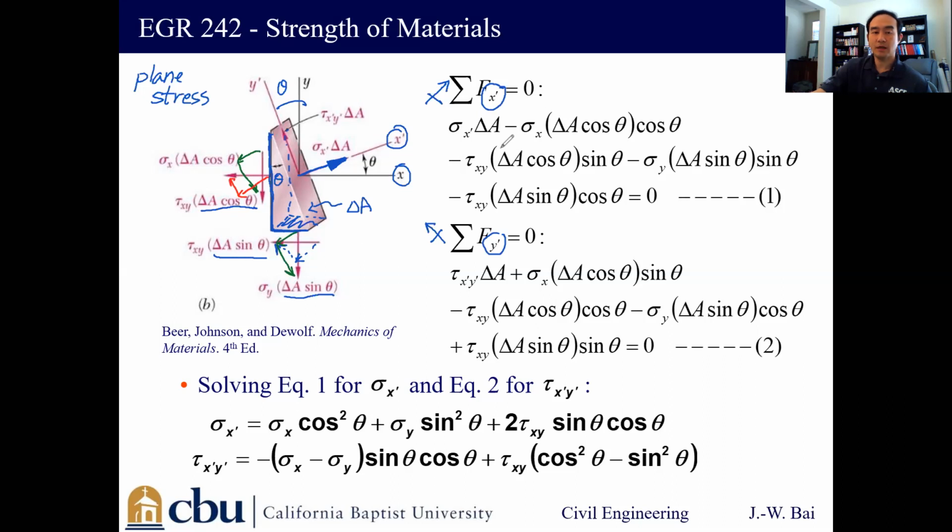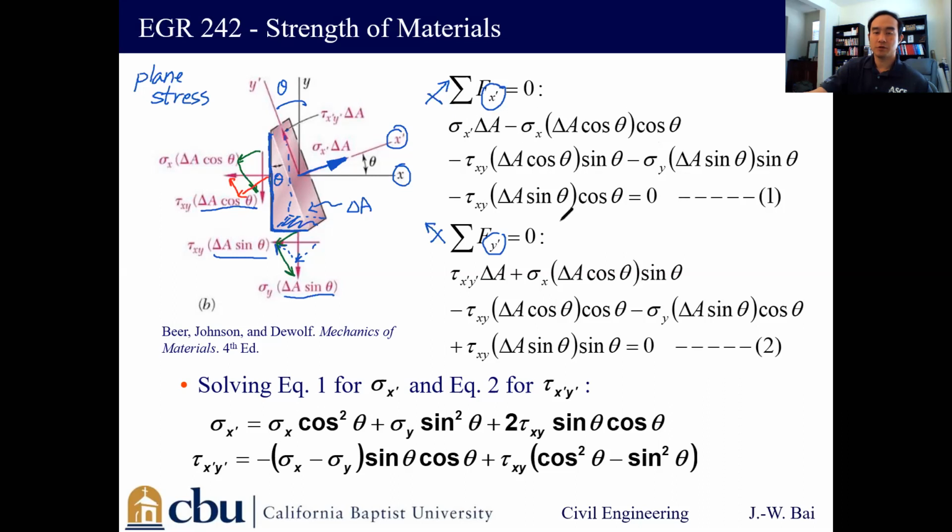I'm not going to go over all the details of this derivation, but this is just statics, right? You can break any force into two components in vector form. So we can list out all the forces based on the positive signs of each axis, right?